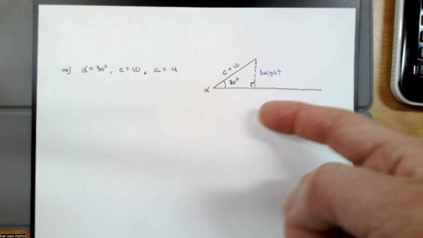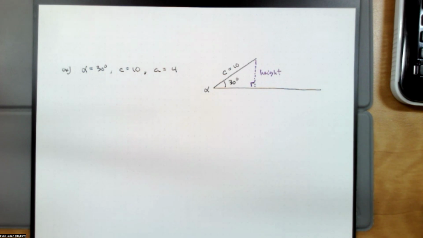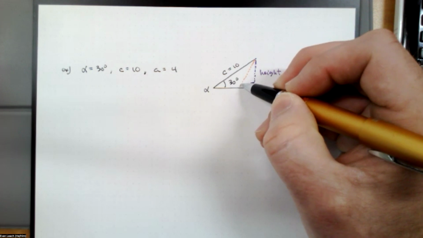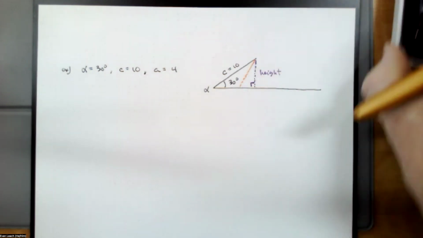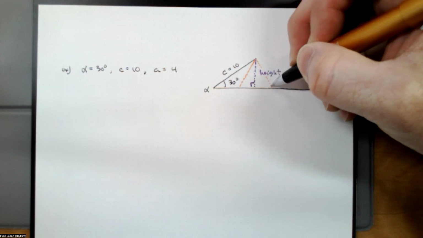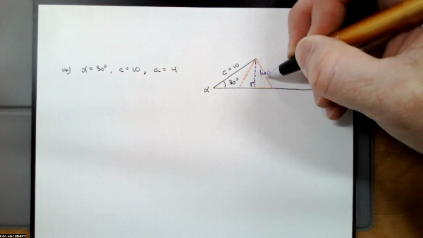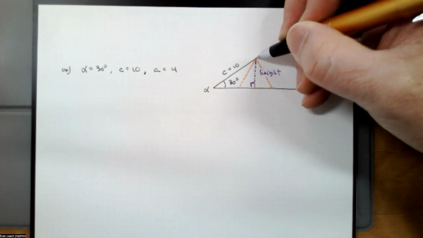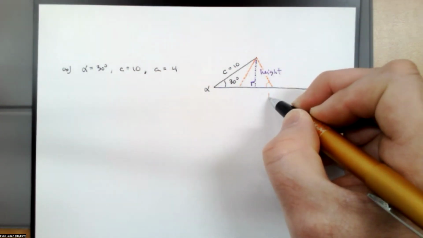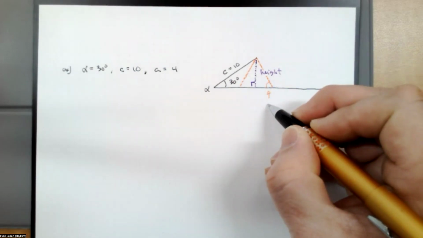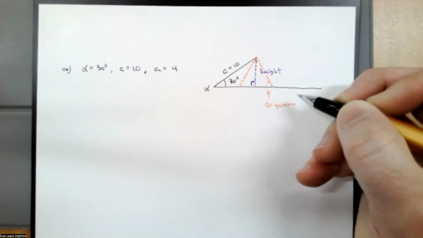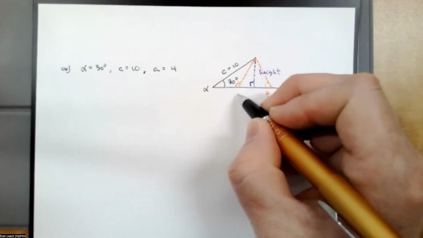So we can make a triangle over here, where we had a quadrant 1 gamma, or over here, this is a quadrant 2 gamma.